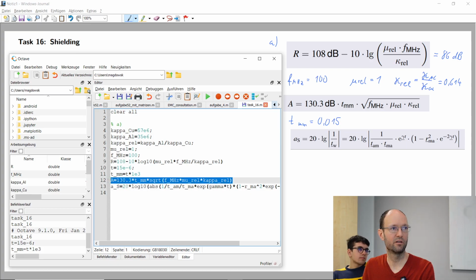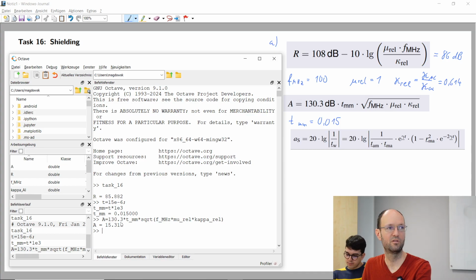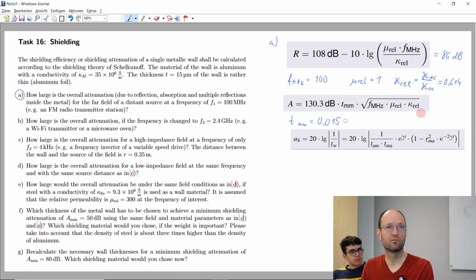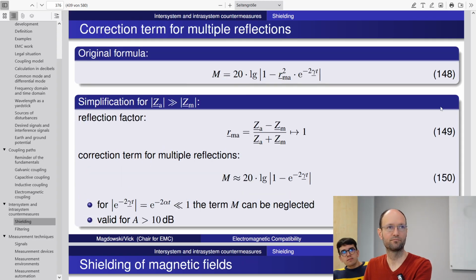If I execute this, F9, go to the command prompt, we get 15.3 decibels. The 15 is larger than 10, and therefore if the absorption loss is larger than 10 dB, we don't need to take into account the multiple reflections.